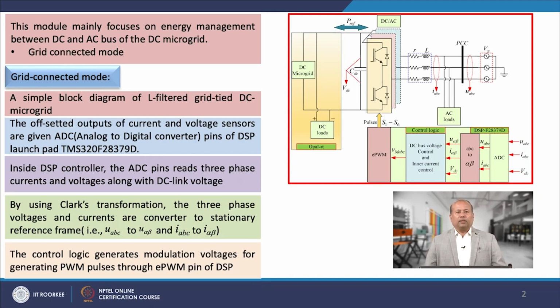Further, the control logic generates modulation voltages for generating PWM pulses through EPWM pins of the DSP. These PWM pulses are used to switch the inverter.